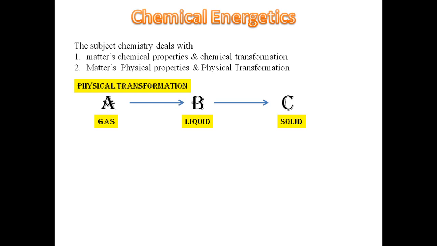Now, quickly you can say that in gas, the molecules get maximum freedom to move here and there, and for that it needs energy. Whereas in liquid, the molecules' movement is much restricted.